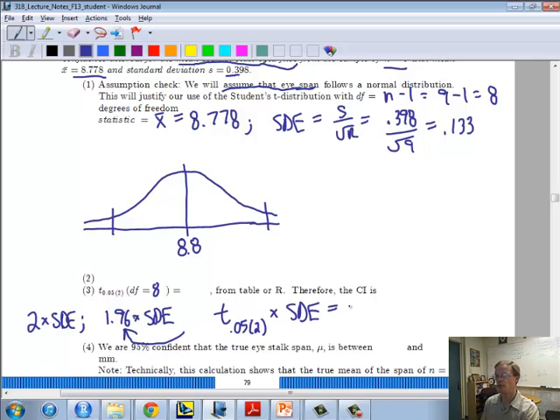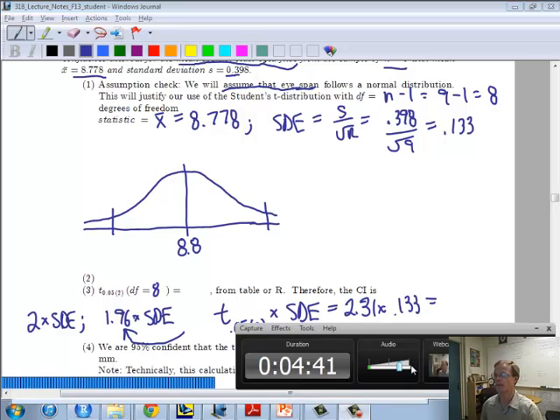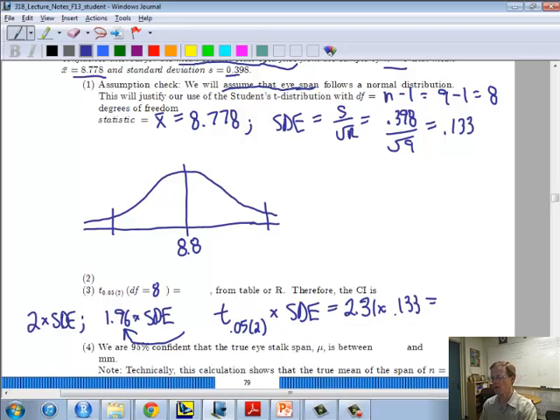So I put my 2.31 here, and my standard error was 0.133, product of which is, I don't have it written down there. There it is, 0.307.